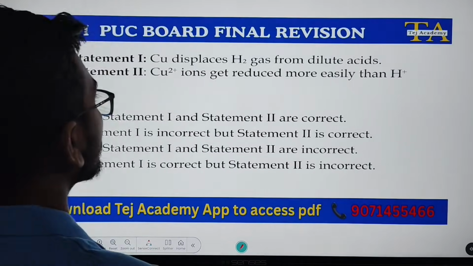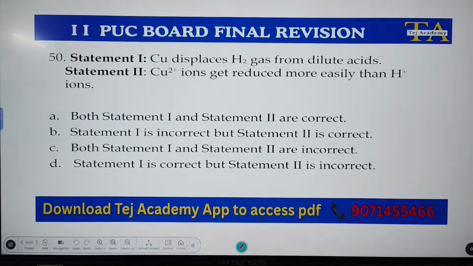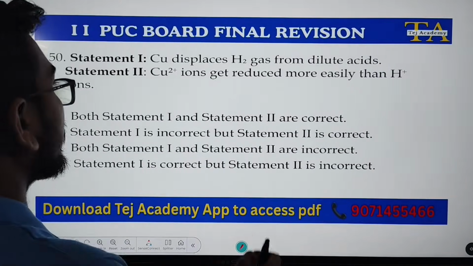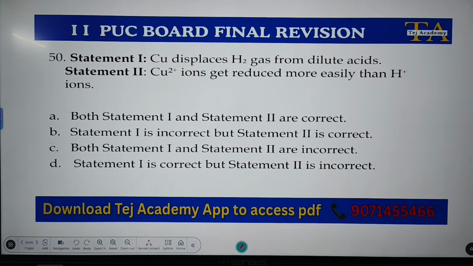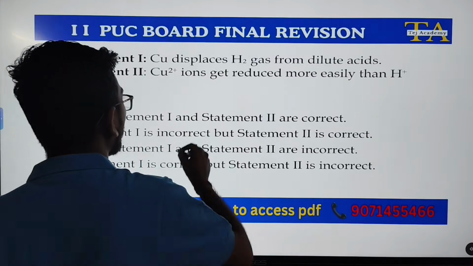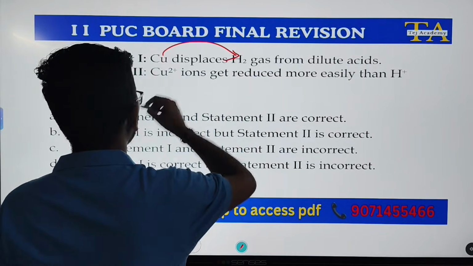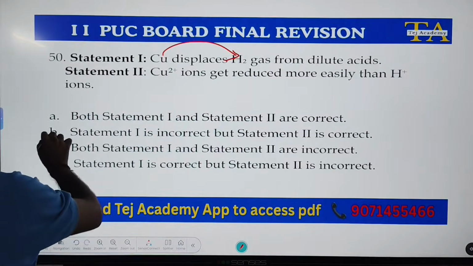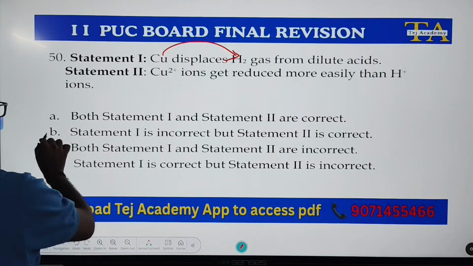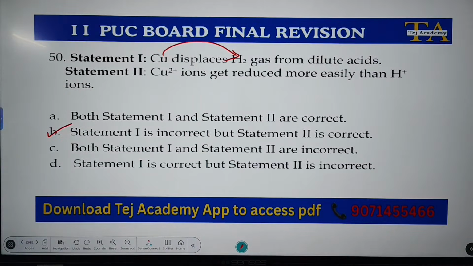Statement 1: copper displaces H2 gas from dilute acids. Statement 2: Cu2 plus ions get reduced more easily than H plus ions. So we know that copper can't displace H2. First of all, the first statement is wrong. So option B is the right answer.